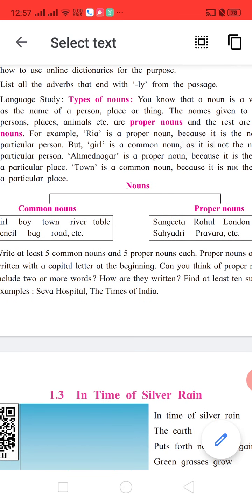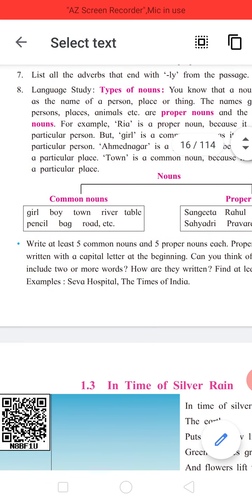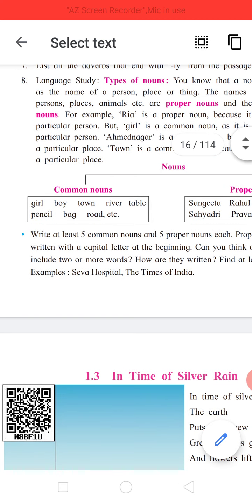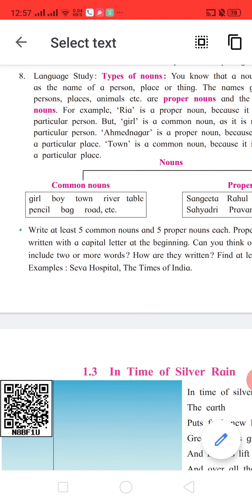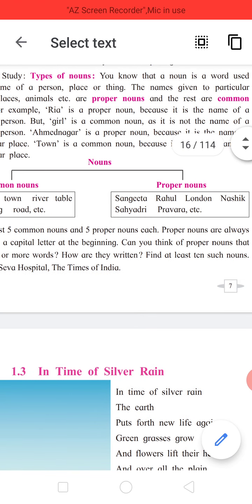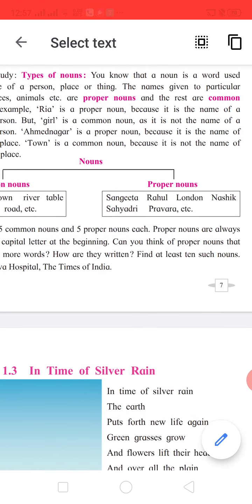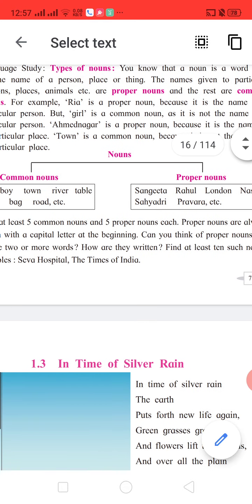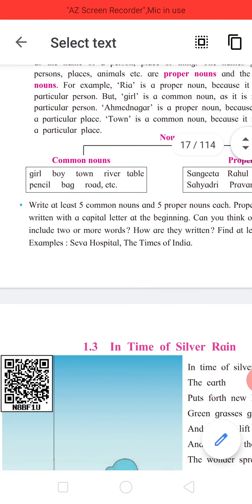So we can say there are two types of noun, common nouns and proper nouns. Common nouns are like girl, boy, town, river, table, pencil, bag and road, etc. And proper nouns are names like Sangeeta, Rahul, and names of places like London, Nashik, Sayadri, Pravara, etc.